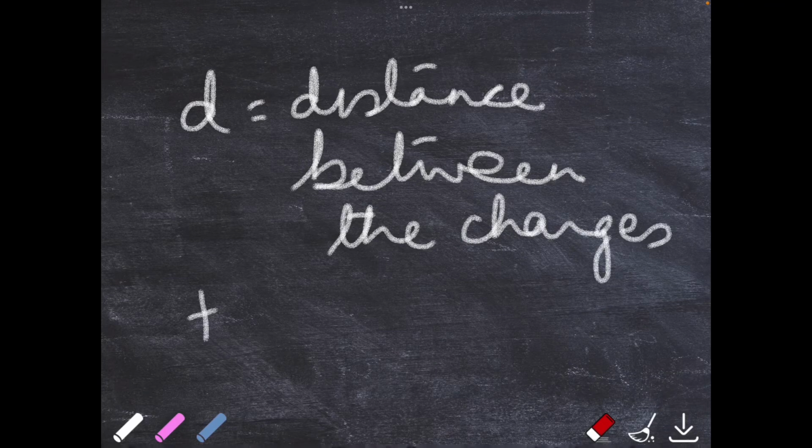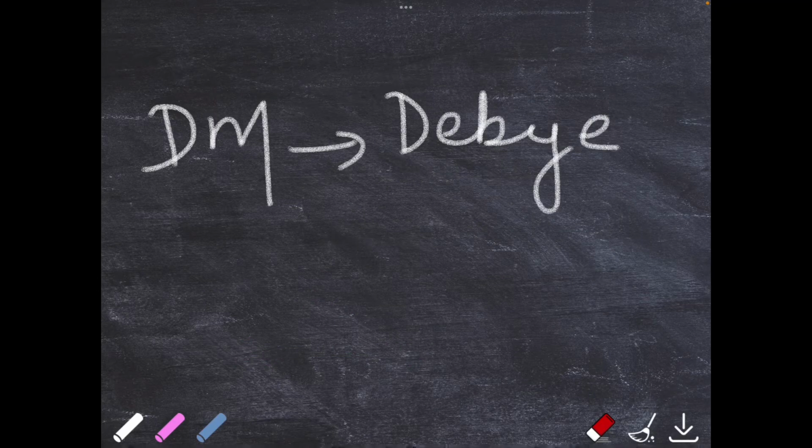For example, you have a positive charge here and you have a negative charge here. The distance of separation between the charges is d. The unit of dipole moment is debye.